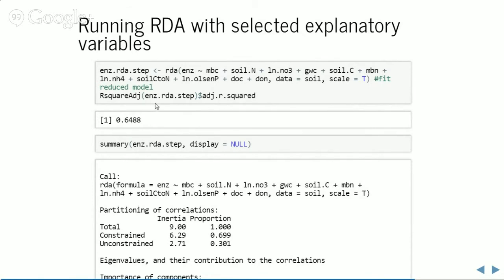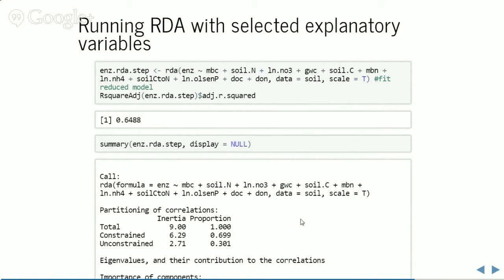First off, we can ask the question, how much variation in the enzyme activities are these soil properties explaining, adjusted for the number of explanatory variables that you're using. So it's about 65%.